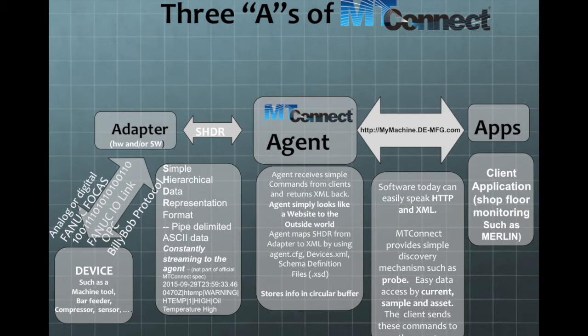And that is basically devices that are not always attached to a given machine tool. To give you one example, applications are typically shop floor applications, but it could be anything. And this is just showing Merlin as an example, which comes from Memex. Again, the common mantra for MTConnect is different devices, common connection.